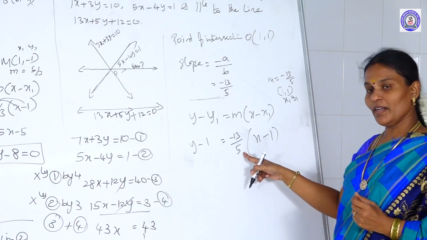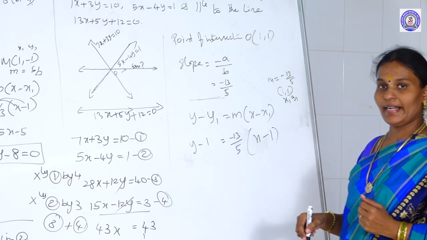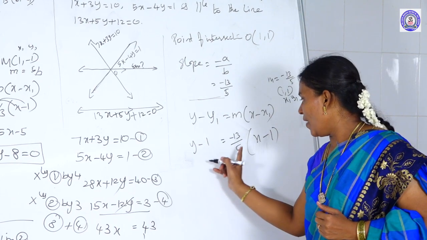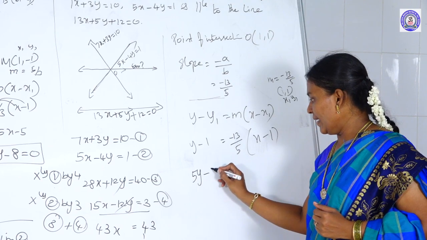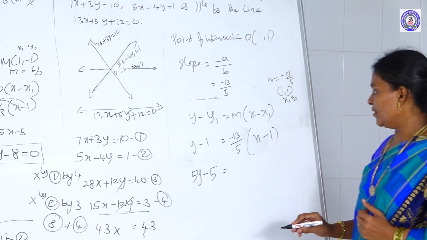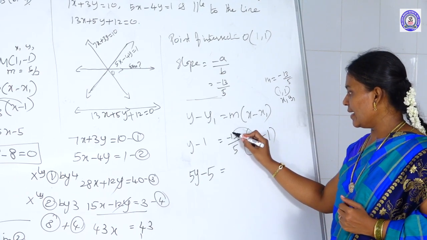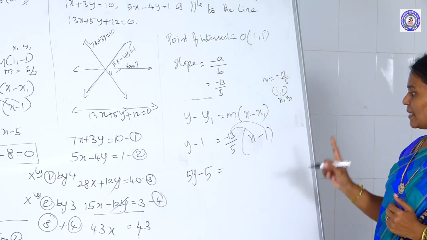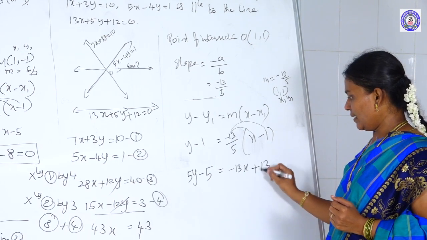Okay. So common denominator. Am I correct? This multiplies with the left side. So 5 of y minus 1 is 5y minus 5. This is equal to minus 13 multiplied with the two terms: minus 13x and minus of minus plus 13. Minus 13x plus 13.